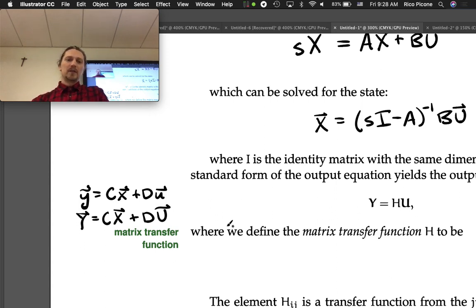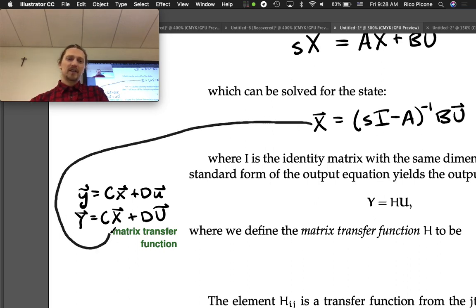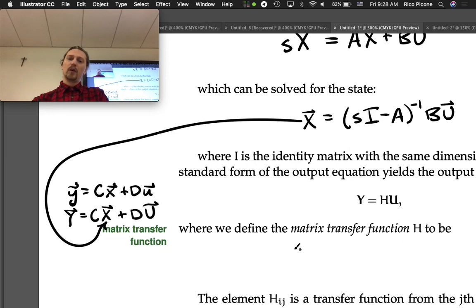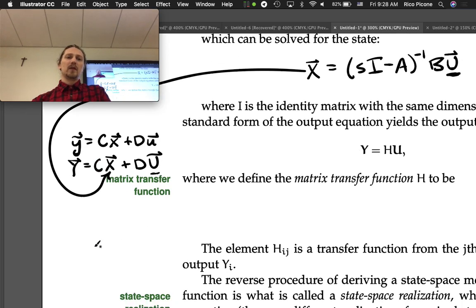So if we were to plug in x, our solution for x, into the output equation, then you would come up with an expression for what y is in terms of something times u, right? There's a u that would come from this x term, and there's a u that would come from this term. So I'll actually do the steps here. I don't know why I didn't write them out, because I think it's not that hard to show. So, C times (SI minus A) inverse.